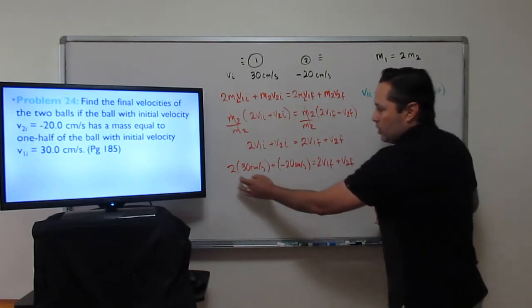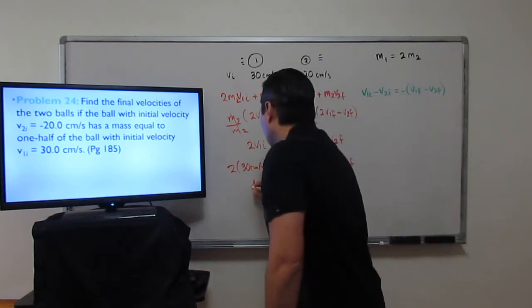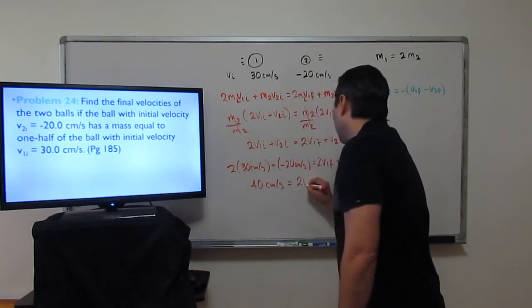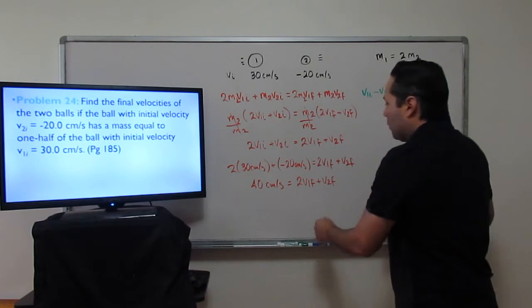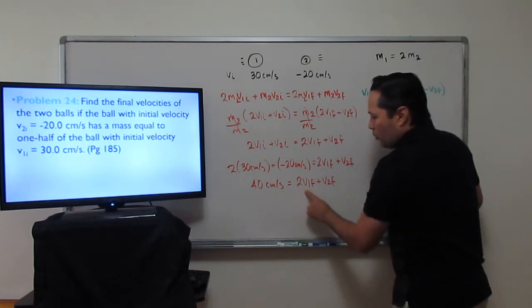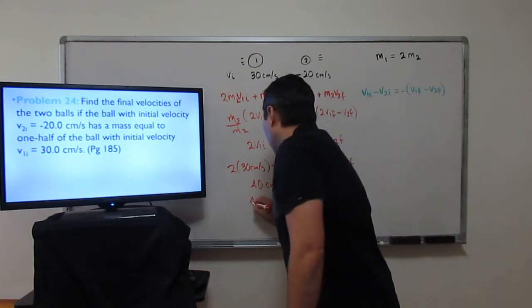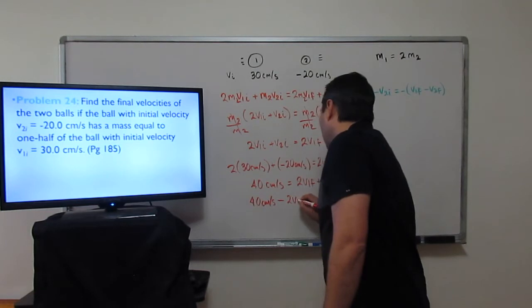So this is going to be 60 minus 20, that gives me 40 centimeters per second. It's equal to 2 v1 final plus v2 final. I'm going to move this over here to the other side to isolate the v2 final. So that's going to give me 40 centimeters per second minus 2 v1 final.